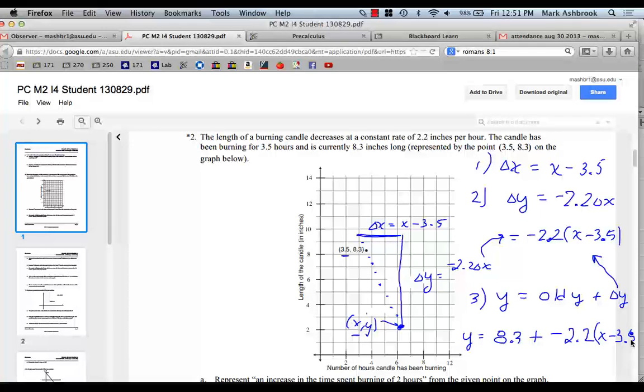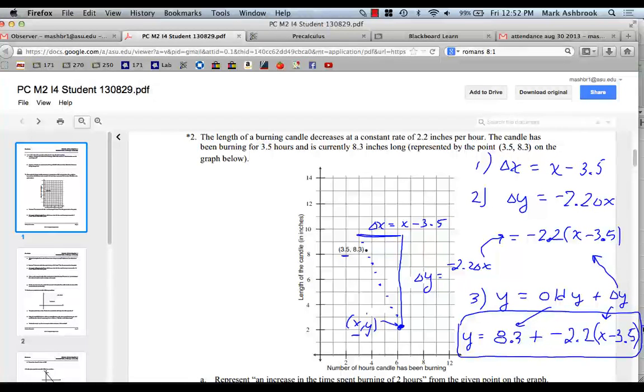So everything has meaning, and we just wrote every single point on that line. This is the old y plus the change in y. And now we just represented every single point, where each point is a number of time elapsed and the current length of the candle. And that's the equation of the line.